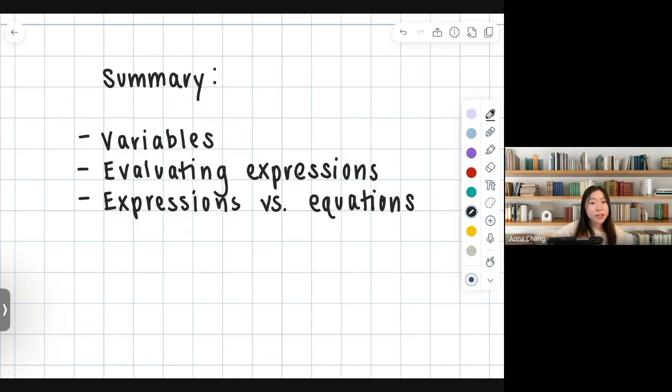You can evaluate expressions by substituting a value for the variable and simplifying the result following the order of operations. We also discussed that unlike expressions, equations do have equal signs. All of these ideas are going to form the foundation for later solving equations, graphing functions, and developing more algebraic reasoning, which is all important for this CSET exam.